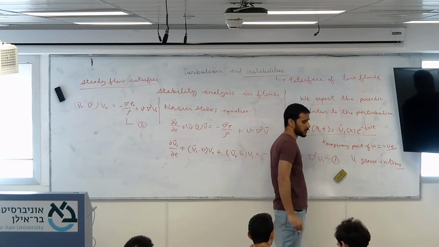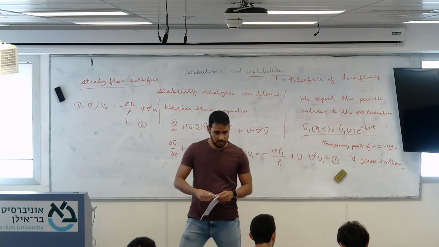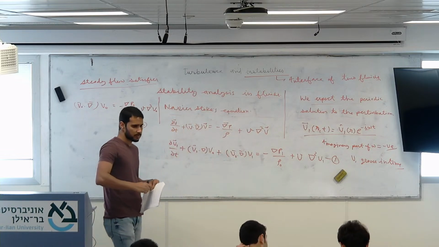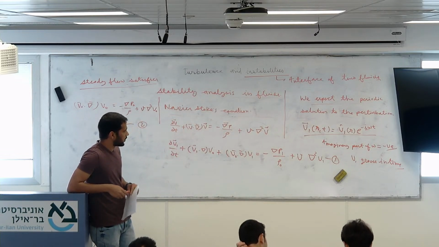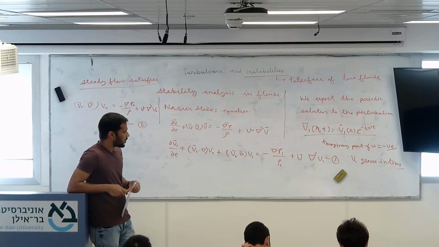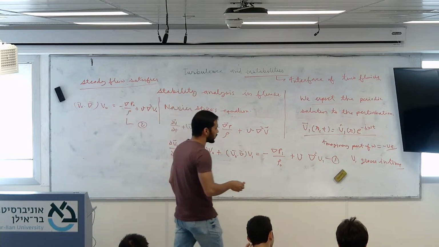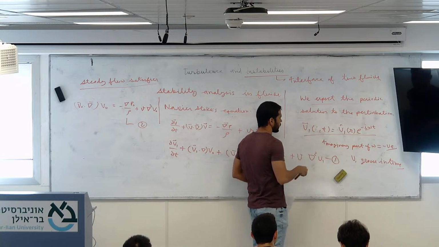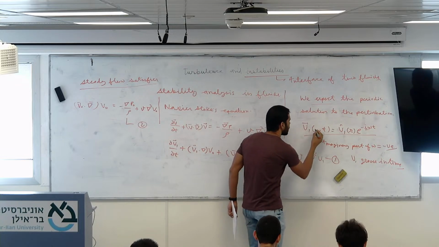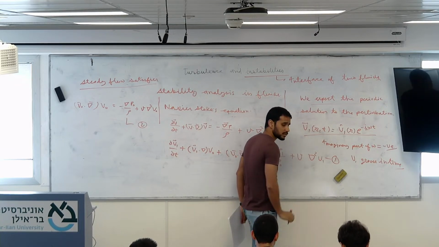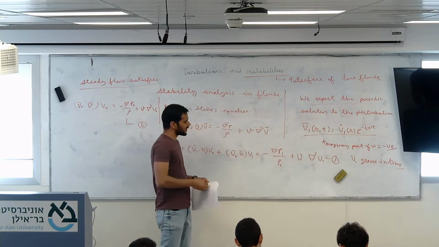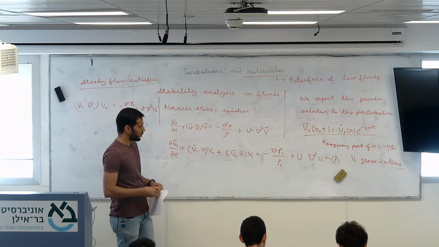We assume that velocity depends on it. So it's capital R? No, it's a small r. It's space and time. Okay, I understand.